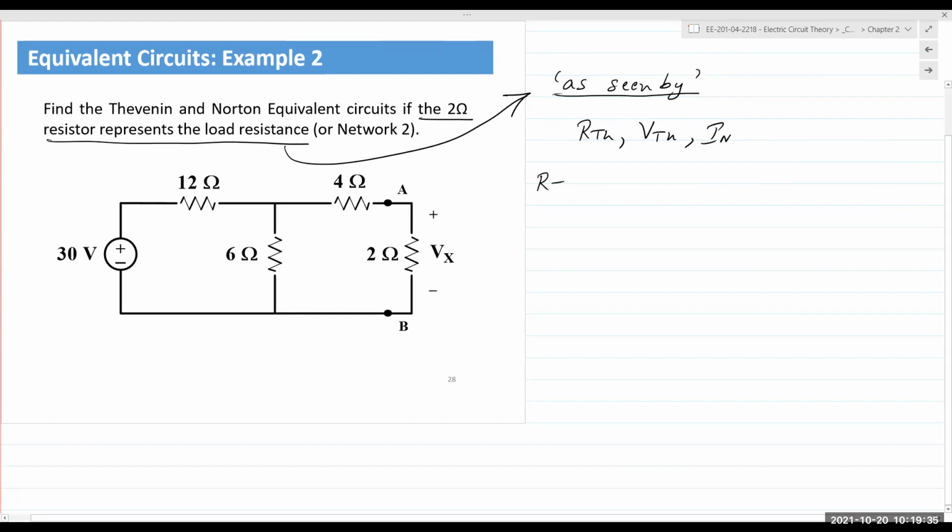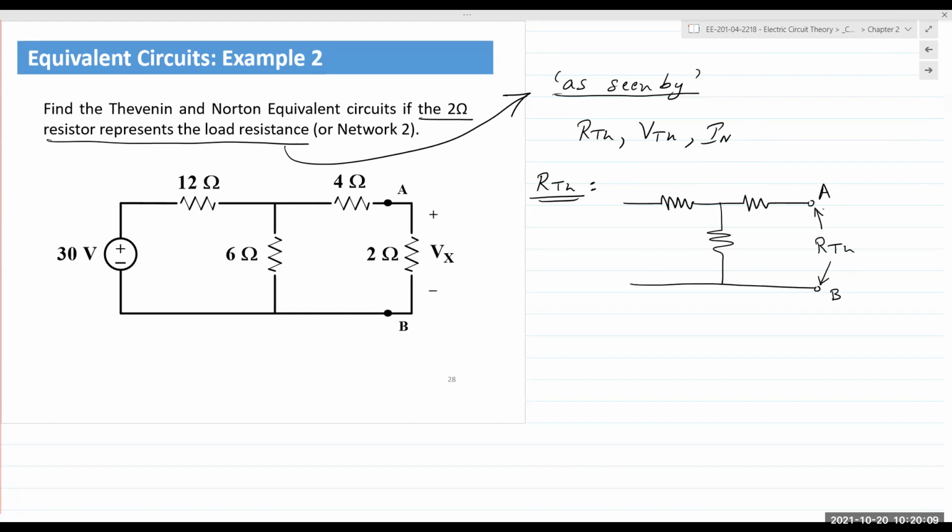If we start with RTH and we draw the circuit for RTH, we set it up by drawing out the resistors first. The 2 ohm resistor is gone. The terminals are already marked as A and B. I'm going to keep those the same. And RTH. Voltage source, what do we do?